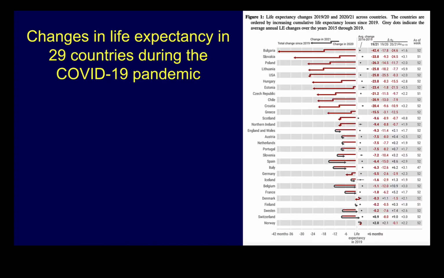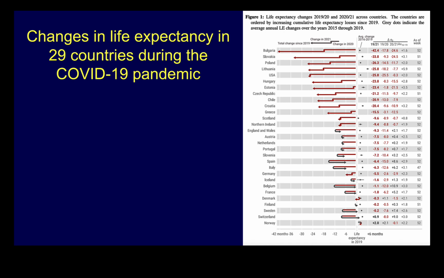This is a recent paper that is still in preprint form on medRxiv, but it estimated changes in life expectancy during the COVID-19 pandemic. And the figure to the right here shows for 29 different countries what happened to life expectancy over 2019 and 2020 and 2020 and 21.